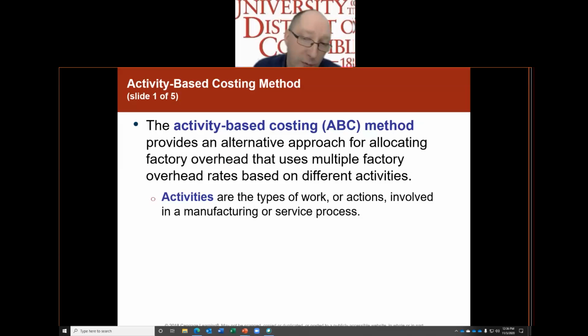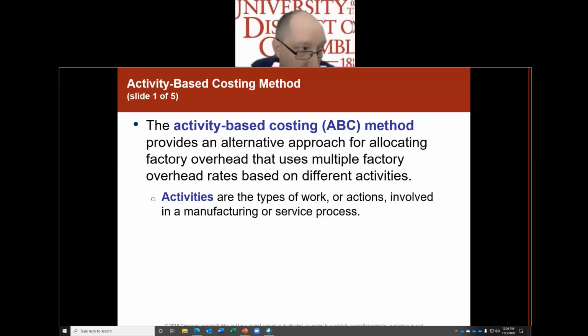Activities are types of work, types of actions that are involved in the manufacturing process or service process. An activity could be putting together a frame for a snowmobile. An activity could be putting together an engine for a lawnmower.